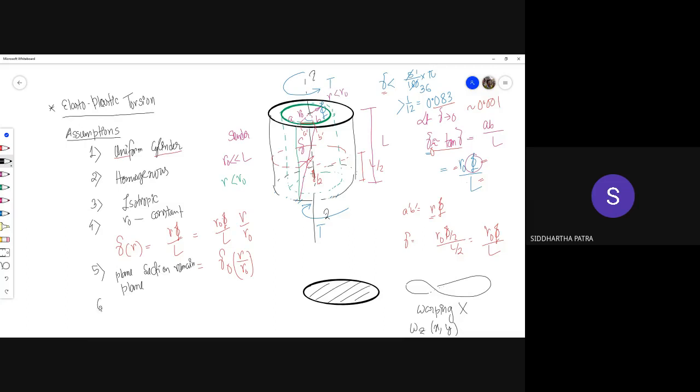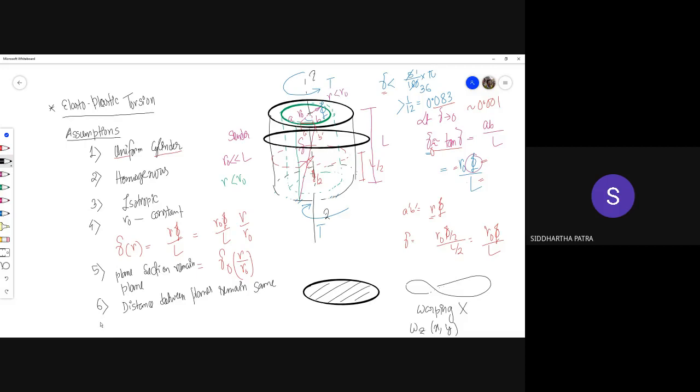Next is distance between planes remain same, which is if I were to take planes which are perpendicular to the axis, a couple of planes, the distance between the two doesn't change, which is to say that the total length also doesn't change.